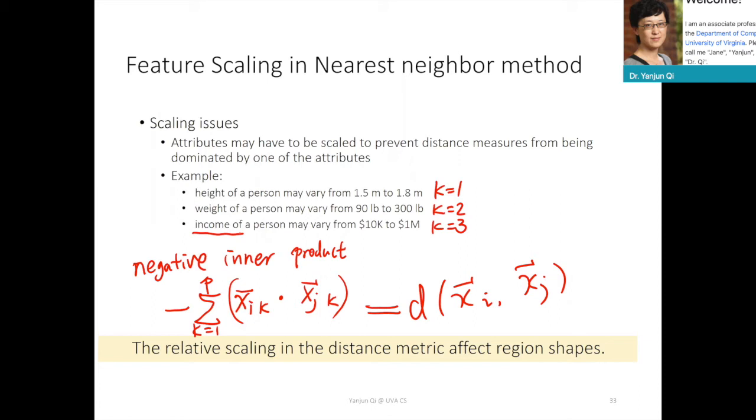A good practice is to normalize the features. There are different kinds of normalization. We will talk about that later, and there will be clear instructions in the homework. For now, you can normalize to mean 0, variance 1, or scale the feature by its max minus min, which makes it a scale of 0 to 1.